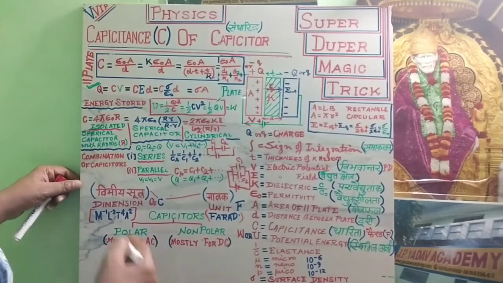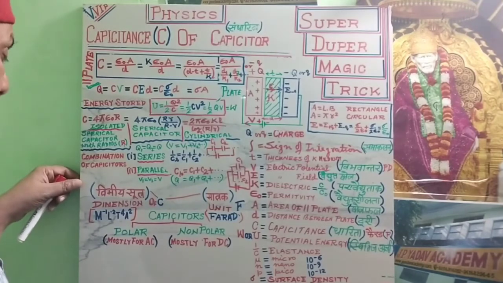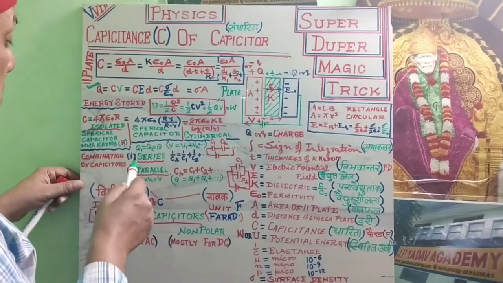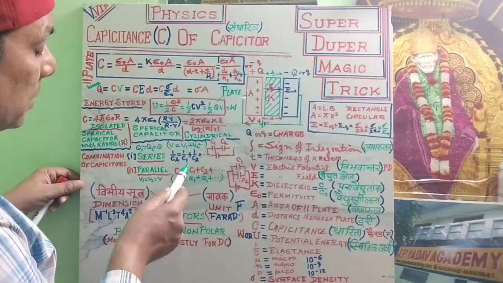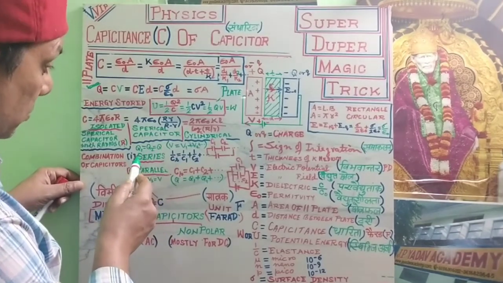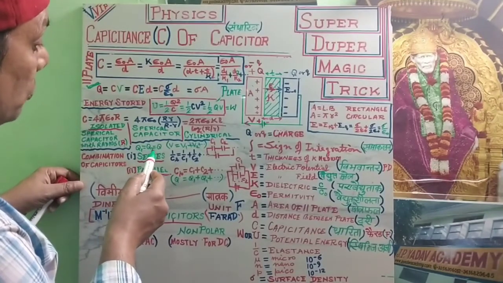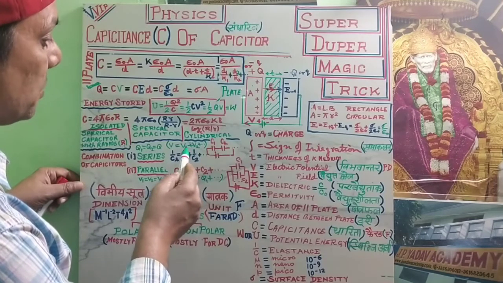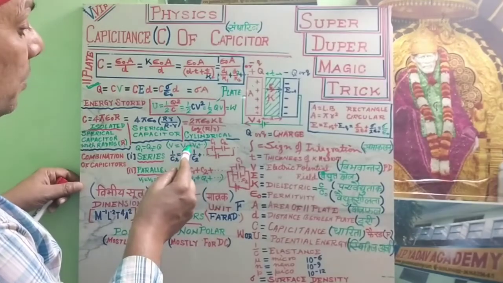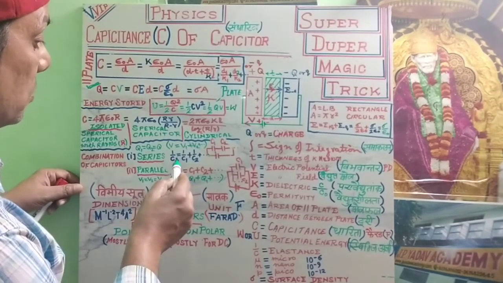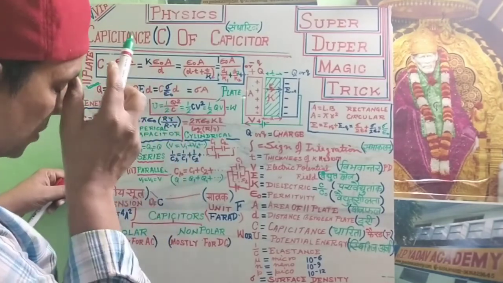Okay, this is a very important thing, the combination of capacitors. This is the opposite of resistance. In case of series, the charge on each and every capacitor will be equal, means Q1 equal to Q2 equal to Q, and the potential of each capacitor is different, then V equal to V1 plus V2 dot dot dot, then finally 1 by Cs equals 1 by C1 plus 1 by C2.